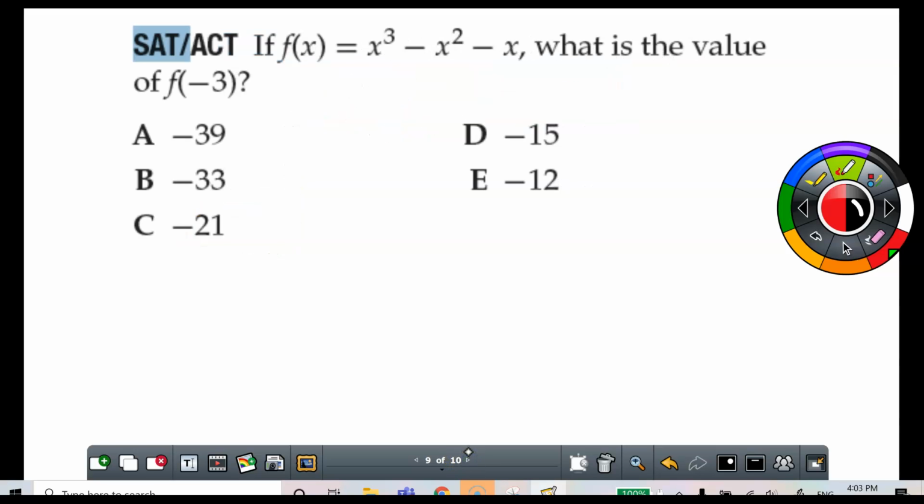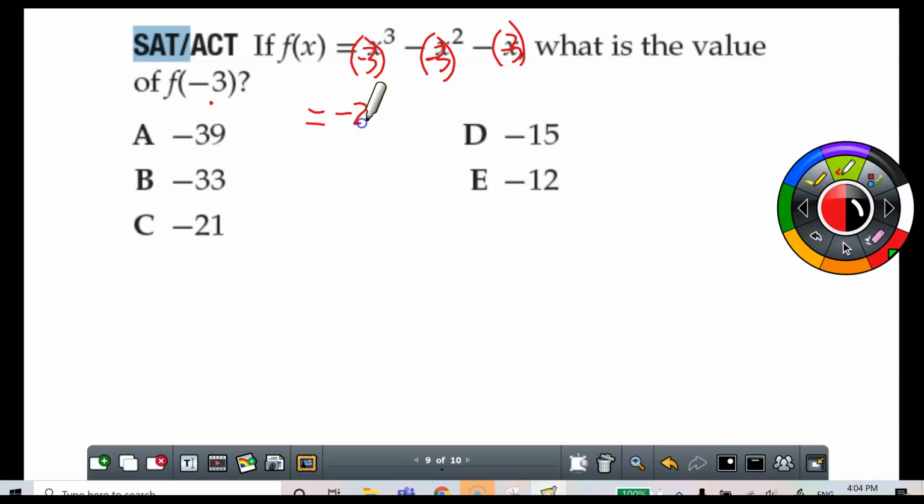Next one, still evaluate function f when x equals negative 3. So just plug negative 3 to the place of x. If you plug in a negative number, you have to give it a parenthesis. Otherwise, for the square, you get it wrong. Okay. And calculate it.